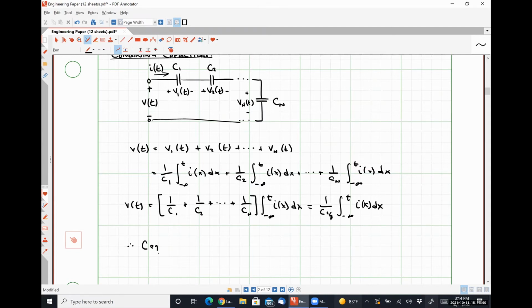And so from this, I can see that my equivalent capacitance is 1 over C1 plus 1 over C2 plus 1 over C sub n.